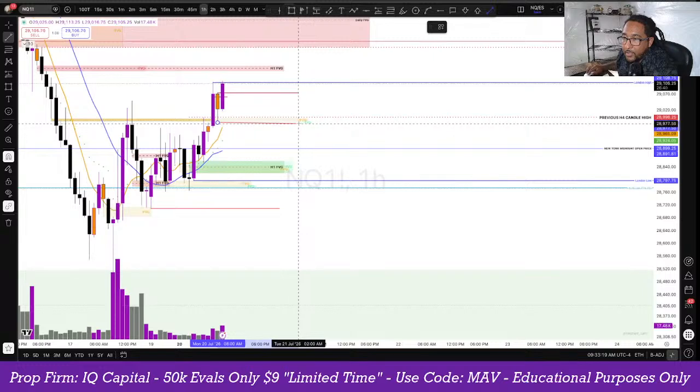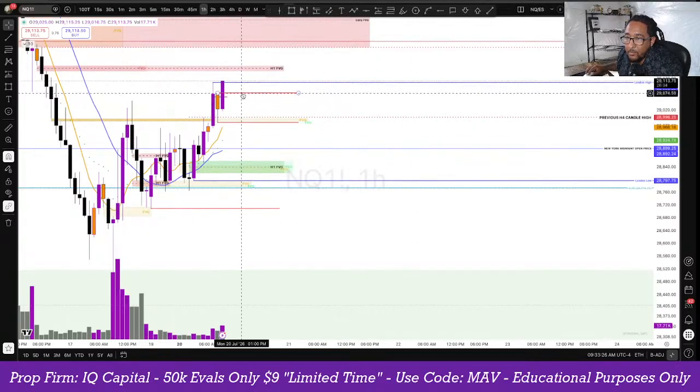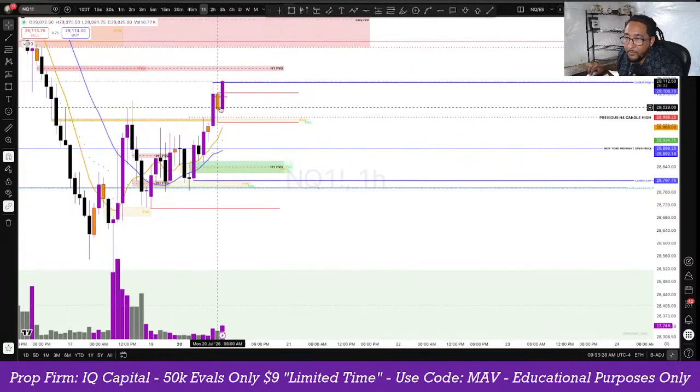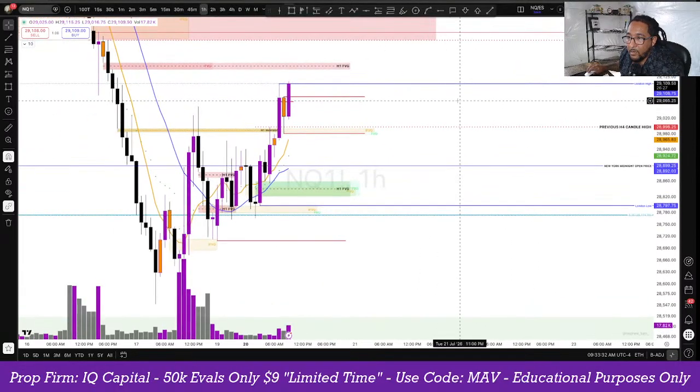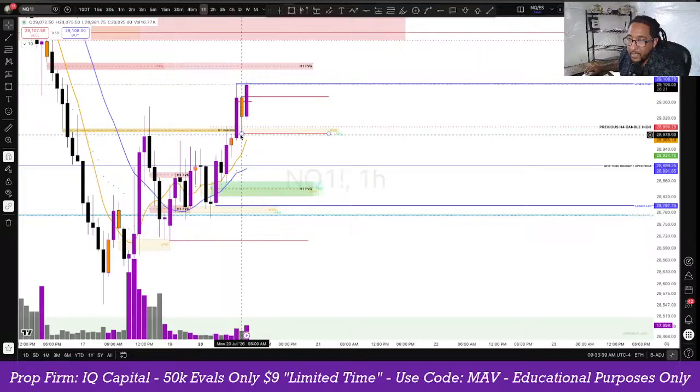So being as though price has already swept the high on our previous 8 a.m. candle, what I like to do now is look for some indication that we're going to head to the low of the 8 a.m. lows.